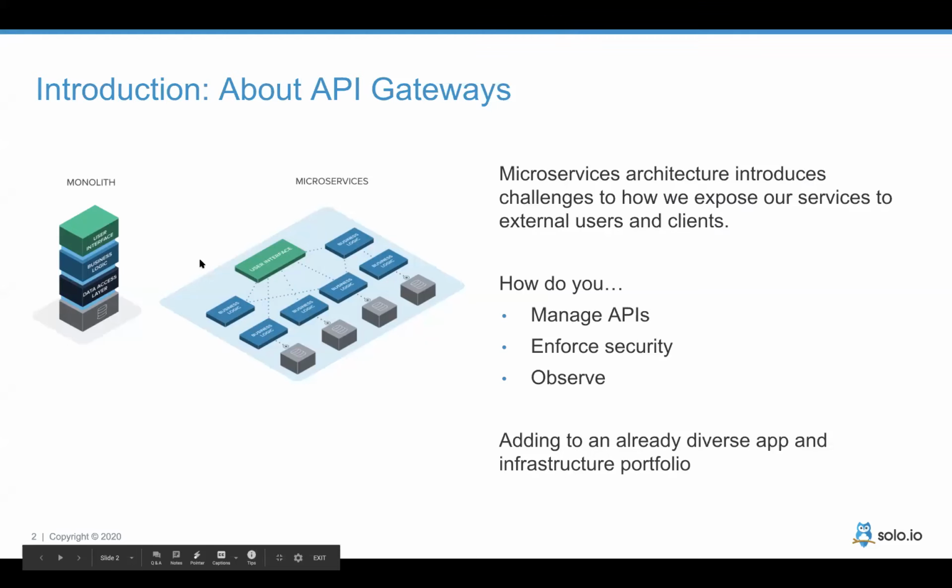So just as a little bit of background, if you're new to Gloo, Gloo is an API gateway, and an API gateway conceptually is a piece of infrastructure that is meant to essentially deal with challenges that have emerged from modern digital transformations. When we started, the trend was migrating away from monolithic systems to microservices.